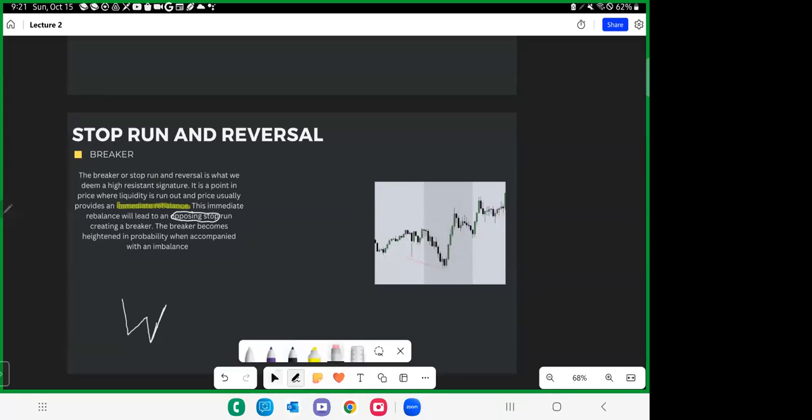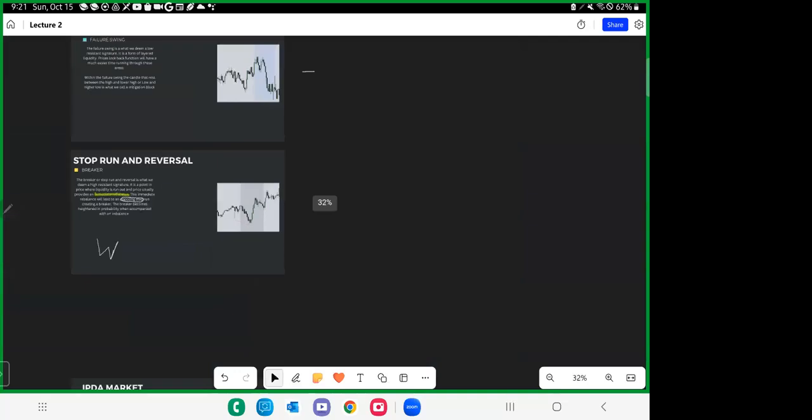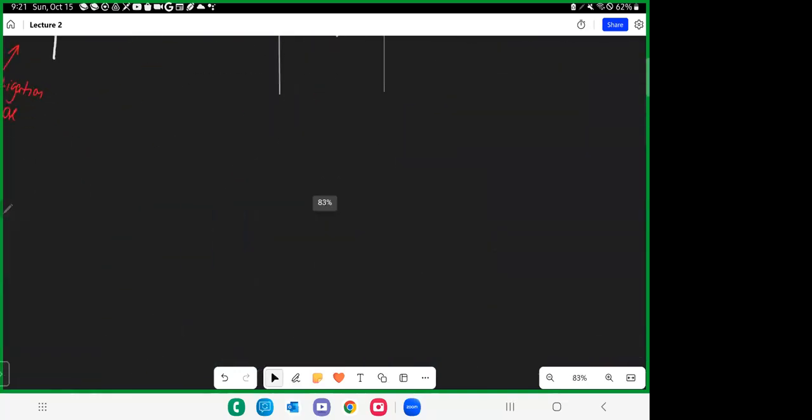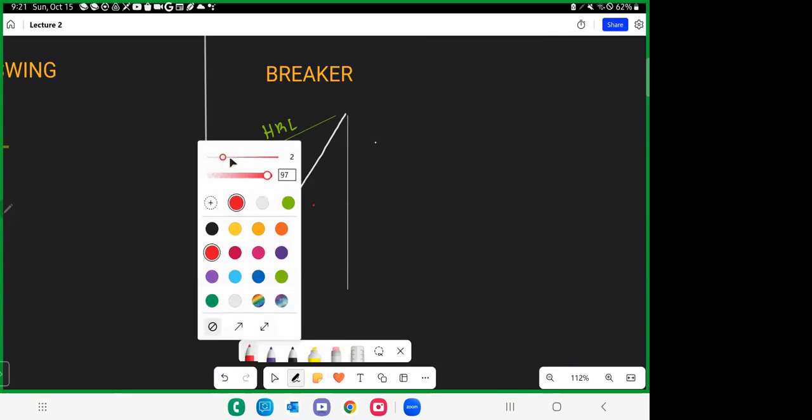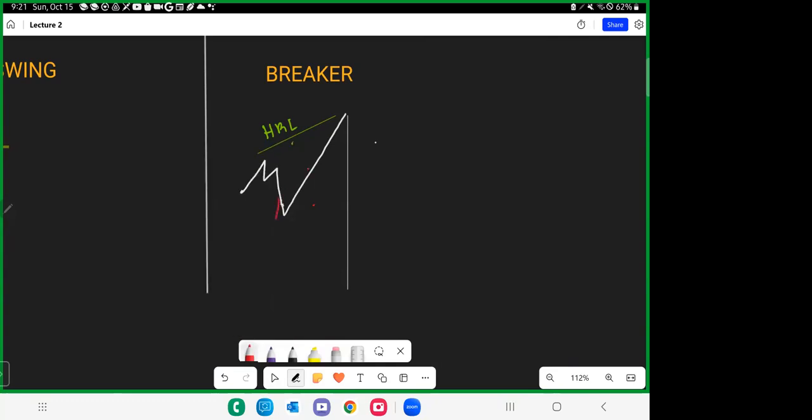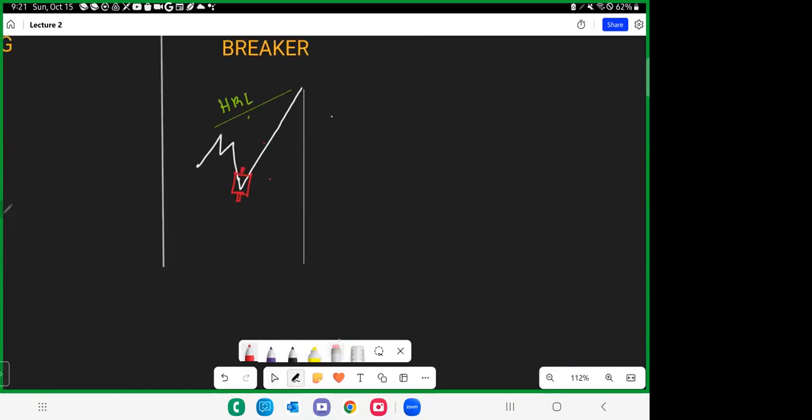So going back to our drawing and looking here, this candle, the candle that rests right here, that becomes our breaker. A breaker, I find, is much better understood in this way.